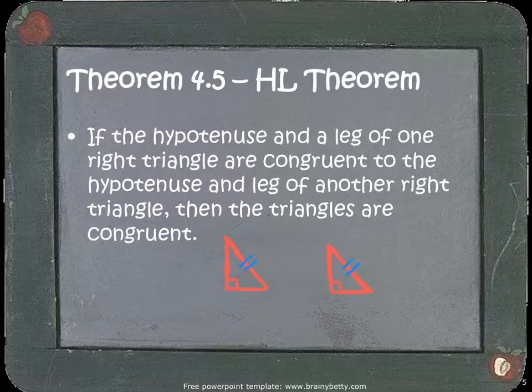That's why there's only one L. I only need one. So let's say that I could show that this one down here is congruent to this one down here. For HL, this is enough to prove that they are congruent.